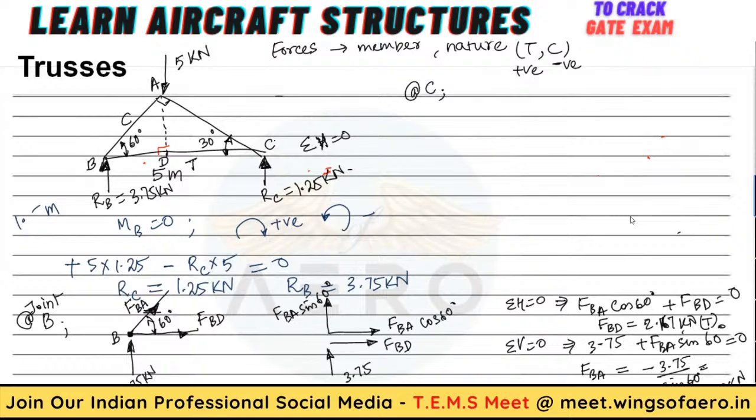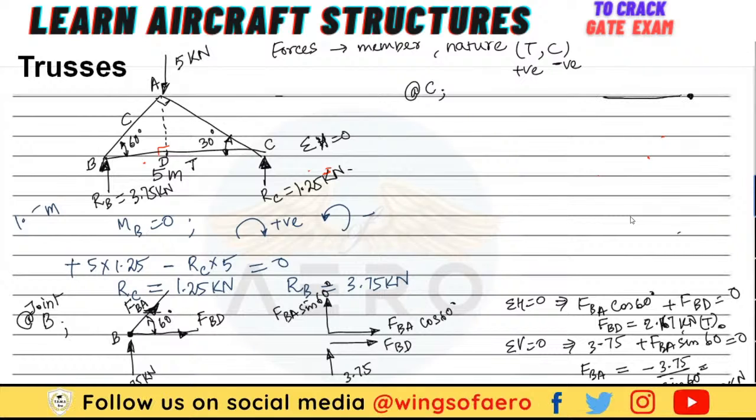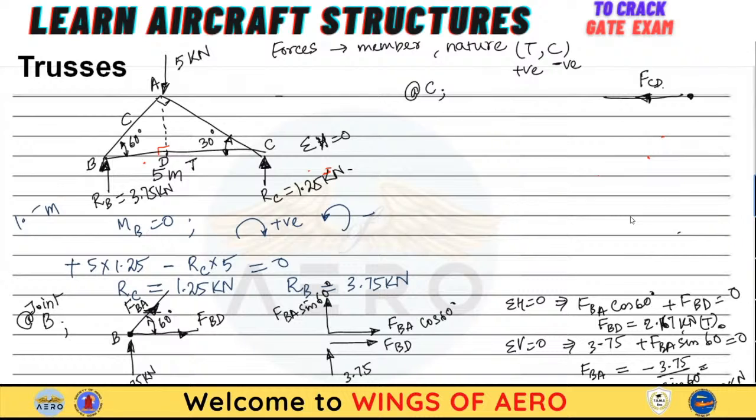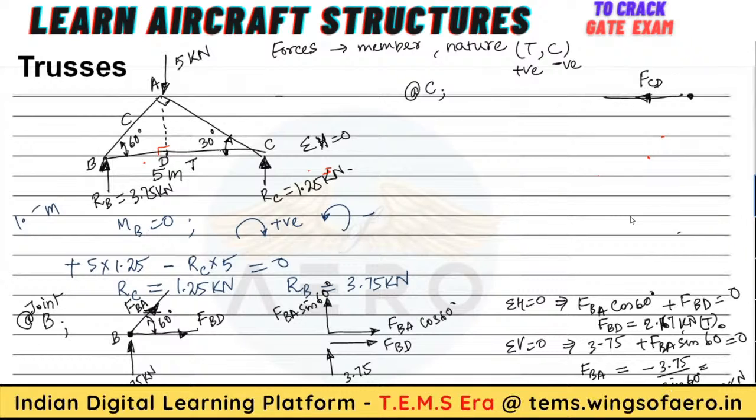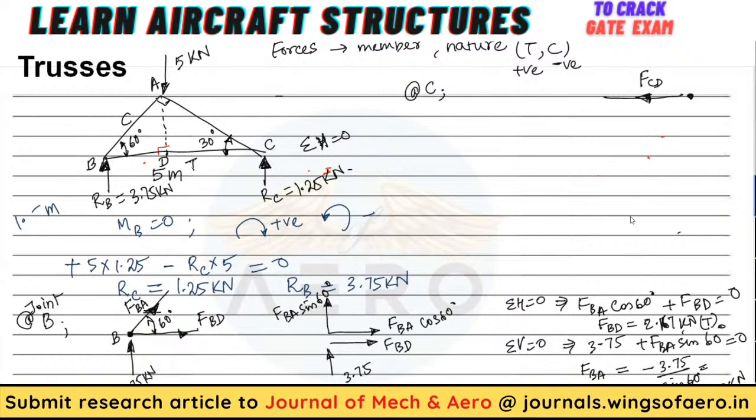So let me take the point C itself. At the point C, this is the member I'm going to take again, tensile F of CD. C, D or B, whatever, because here we don't have any joint or connection. D was just an imaginary point that we consider to find the perpendicular distance.